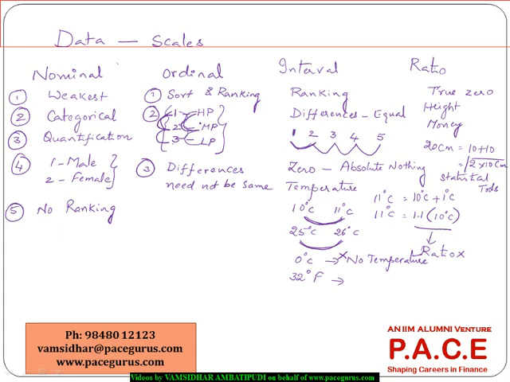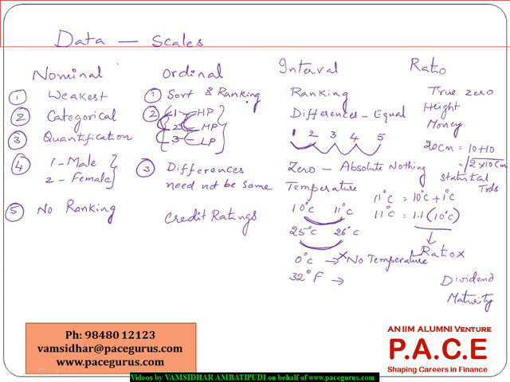Coming to the financial world, if I look at credit ratings, they fall under the ordinal scale. Dividends, years, maturity periods, a lot of money-related data, they all fall under the ratio scale.